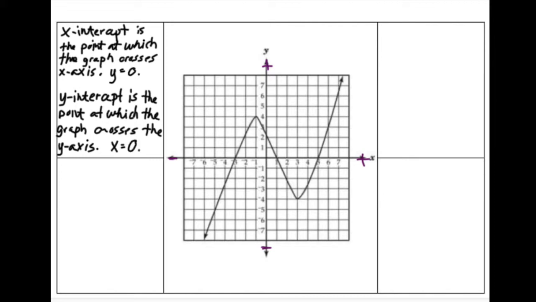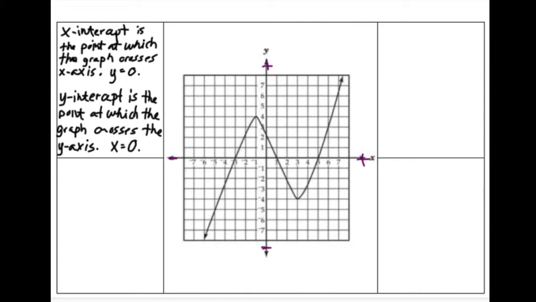So again, this is one of those things that it's pretty intuitive when you actually think it through. If you're intercepting the x-axis, then you're crossing the x-axis and y equals 0. If you're intercepting the y-axis, then you're crossing the y-axis and x equals 0.